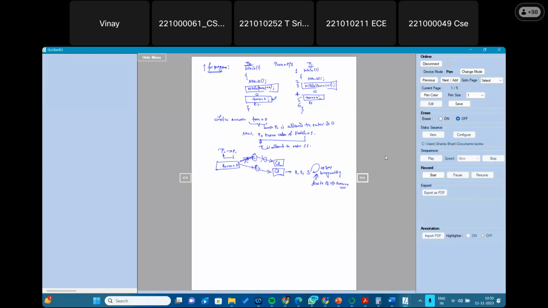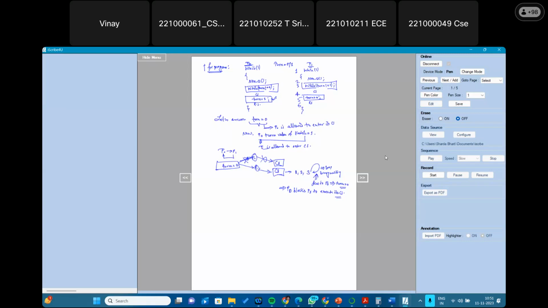In other terms, you can say that P0 blocks P1 from executing its critical section. But the definition of progress says that no process blocks the execution of another process from executing its critical section. So here it violates the progress.